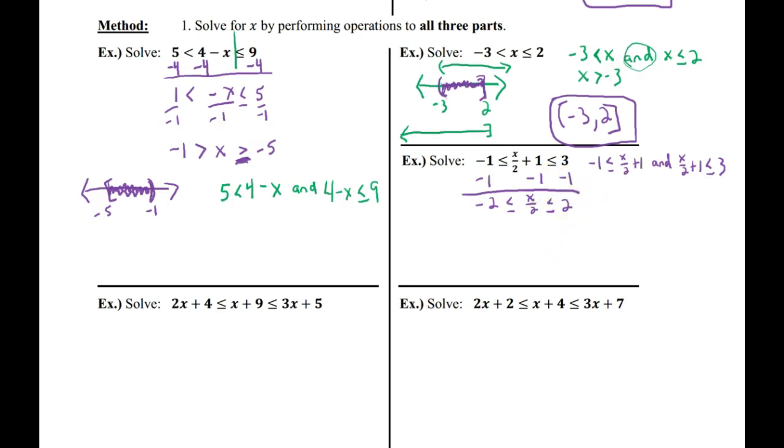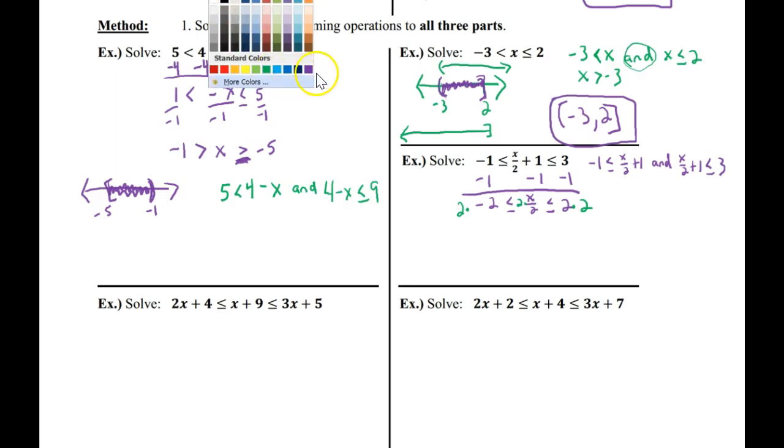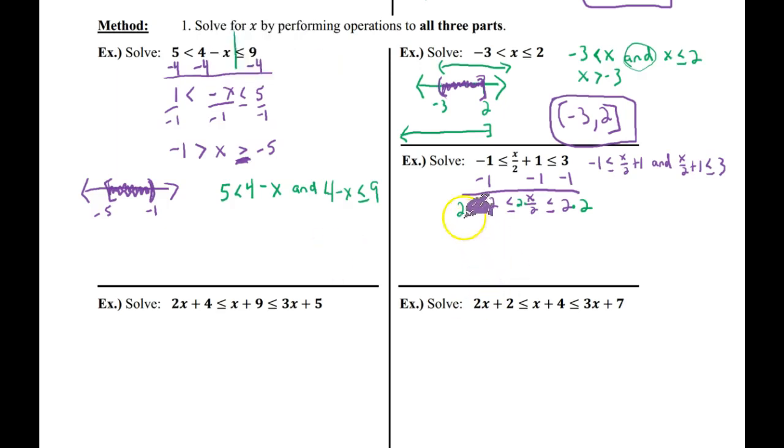Now again, I want to get x alone, so I have to undo what's being done. This is x divided by 2. I need to multiply by 2. Whatever I do in the middle, I also have to do on the outsides. So now I've got 2 times negative 2 is negative 4.